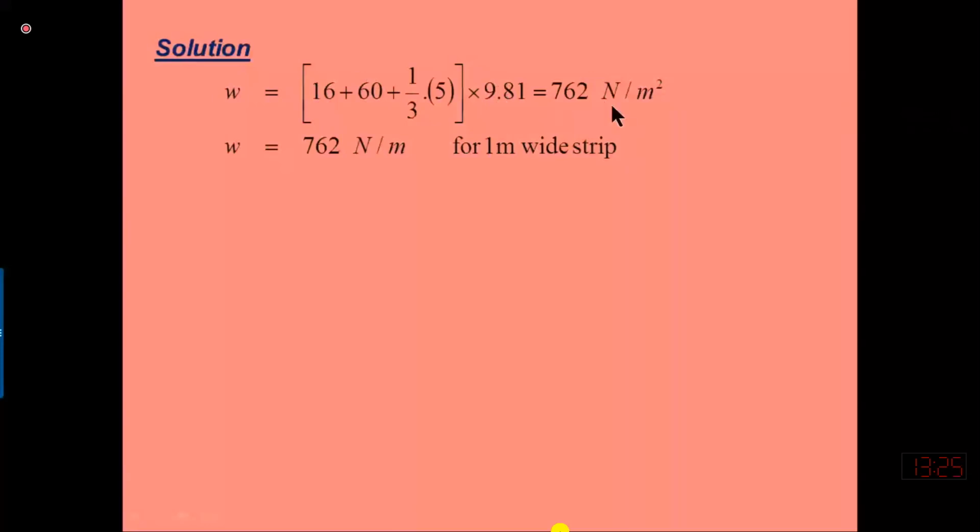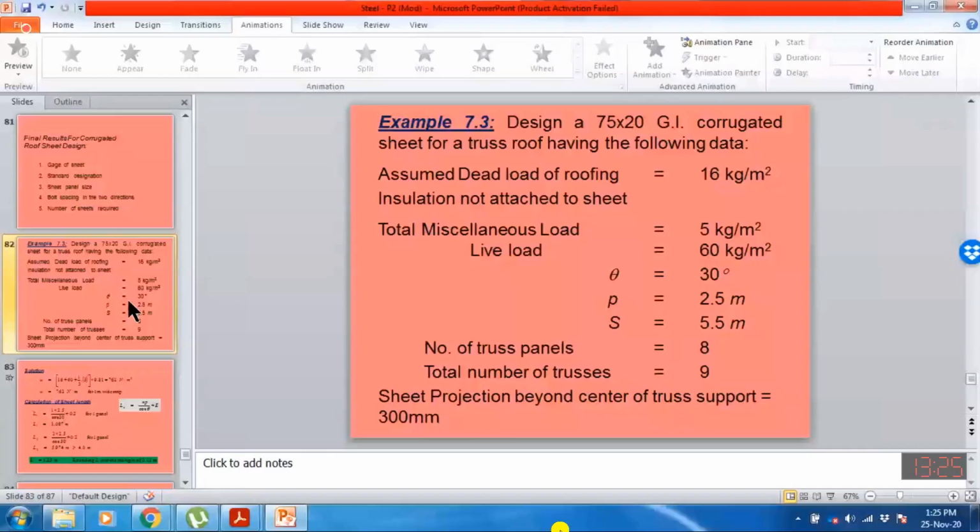But we need to convert this load into a UDL. Last time I also explained that we will design the roof sheet as a beam which has a unit width.